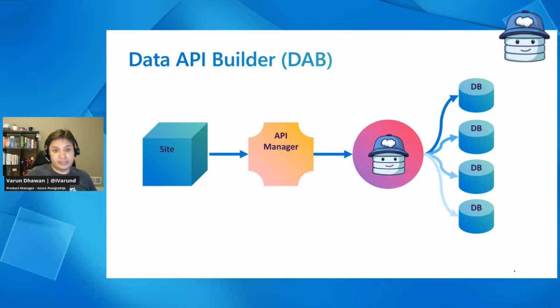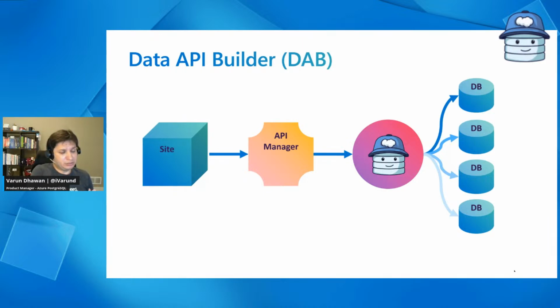You write SQL queries and you get data back from SQL queries. Now if your application is talking in terms of an API, then you have to write a huge amount of code, multiple lines of code, to convert your data calls into APIs. And what DAB does is it simplifies the whole thing with a simple configuration file. It understands your schema, abstracts it, and then you automatically get these APIs.